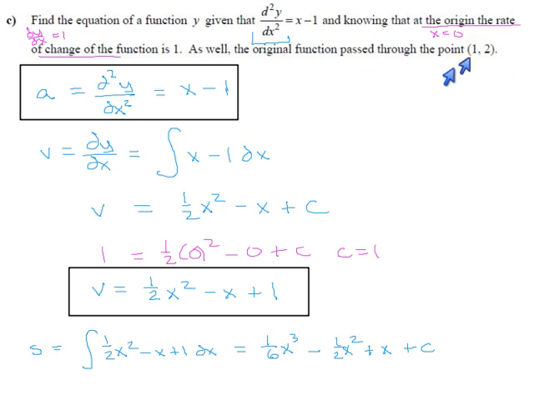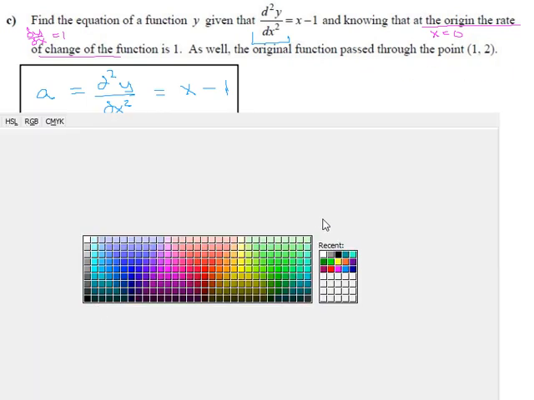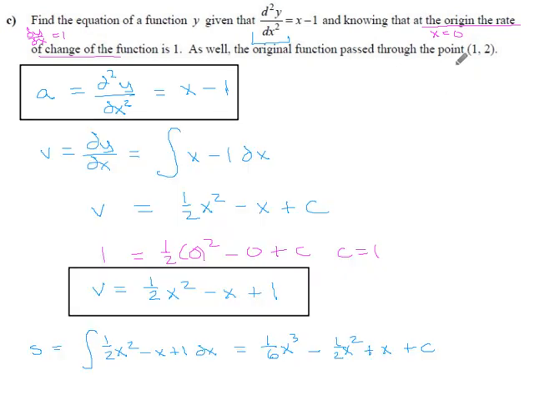Now, they've been nice up to this point, and they've always been giving us 0, something, which made the substitution kind of easy. But this time, it's a little more work. Now they're saying when x is 1, the position, or I guess it's y, should come out to 2. I shouldn't be using s because this is more about an equation than it is about a position function.